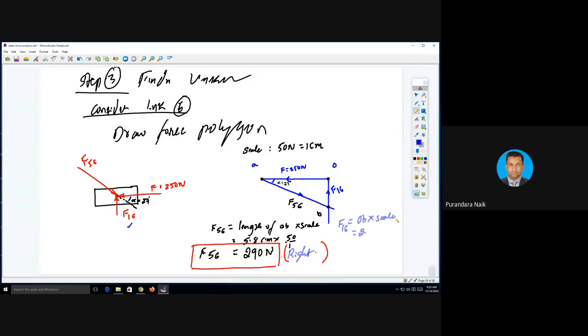What is OB length? 2.6, 2.6 into scale 50 by 1. Answer? 130 Newton, and upward. Rest all you can do it.